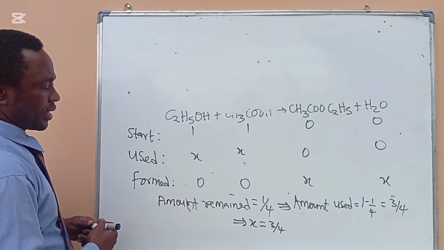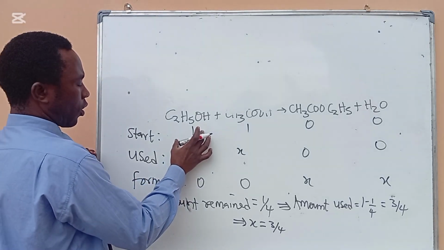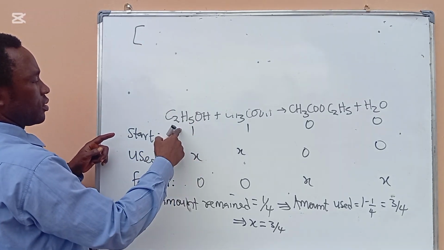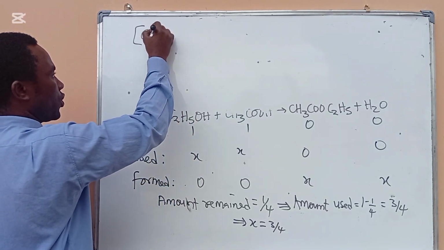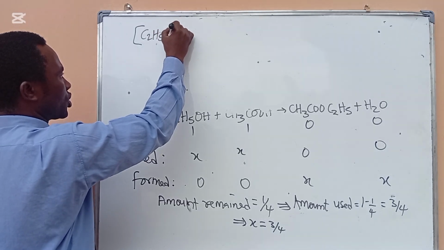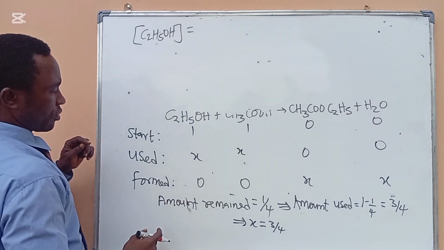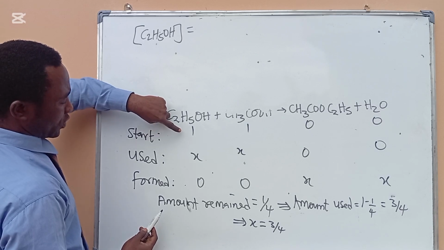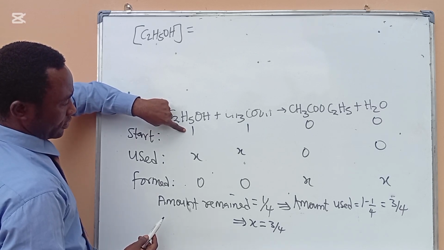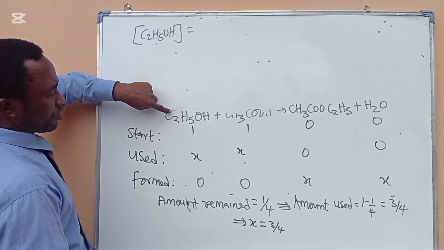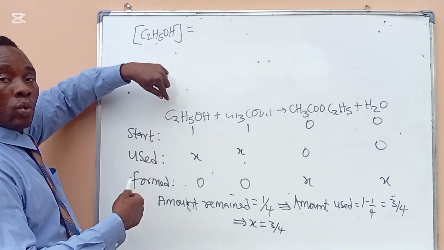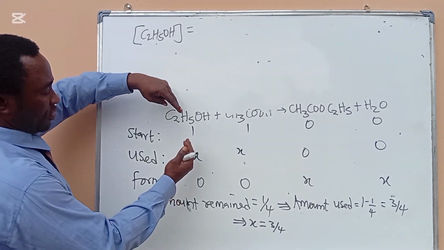But we need to understand the concentration of C2H5OH. Remember, the amount that is left should be equal to the concentration, because the volume is 1. So the amount is equal to concentration. What is the amount?